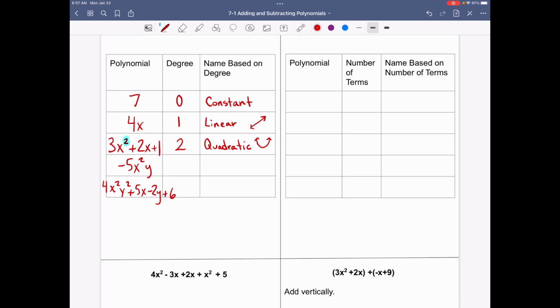Then we have 3 in our exponent, which is kind of hard to see, but we have this 2 here, and because it's with the y, there's an invisible 1. So this is a third degree polynomial, and we call that a cubic. And that makes this shape, which you'll learn in Algebra 2. And then we have a fourth degree polynomial because this exponent and this exponent add together, and those are the largest ones.